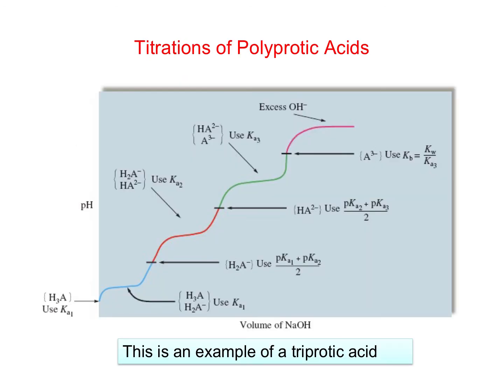Okay, and I wanted to just end this slide on a discussion of polyprotic acids. So we're not going to do too much with polyprotic acids, but if I gave you a titration curve, I think you should be able to tell me whether it's a monoprotic acid, a diprotic acid, a triprotic acid, etc. For polyprotic acids, we essentially have what looks like multiple titration curves being stitched together.